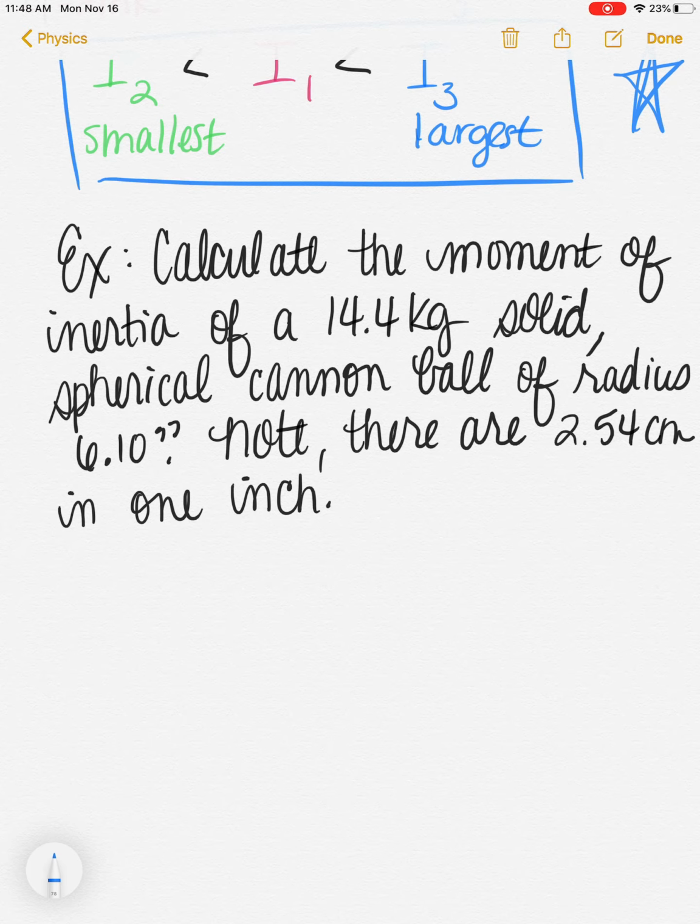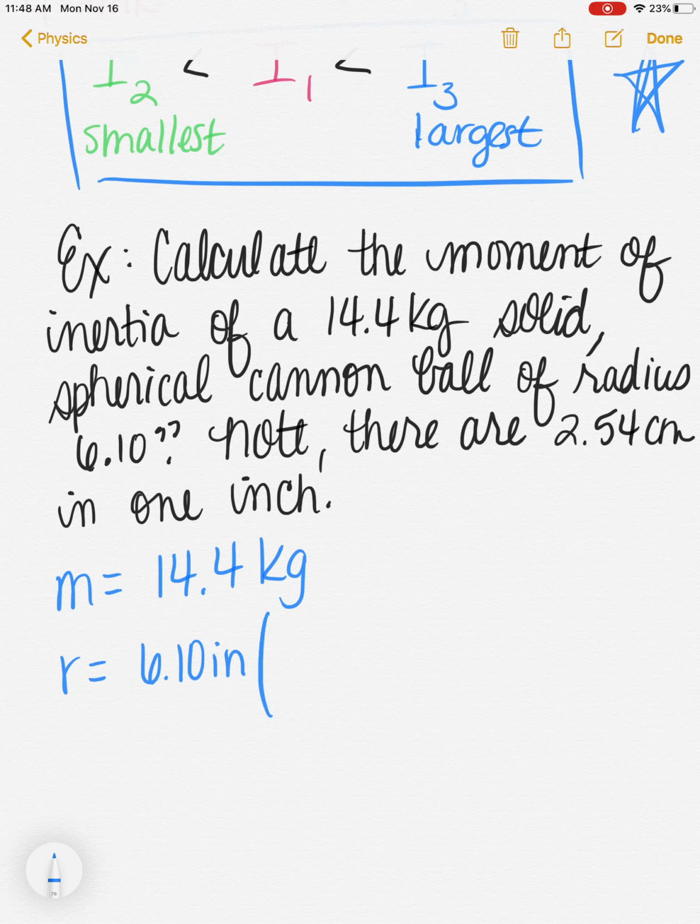It says calculate the moment of inertia of a 14.4 kilogram solid spherical cannonball of radius 6.10 inches. Note there are 2.54 centimeters in 1 inch. The first useful piece of information is that this has a mass of 14.4 kilograms, and kilograms is an acceptable unit of mass, so that's good. Then we have a radius of 6.10 inches.